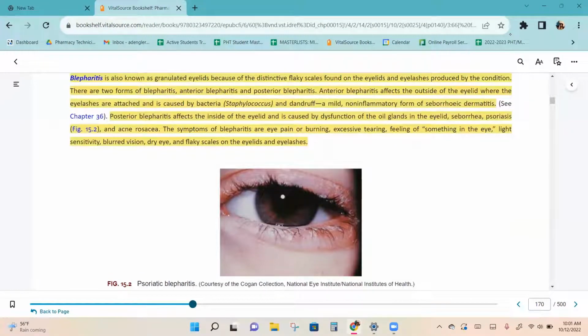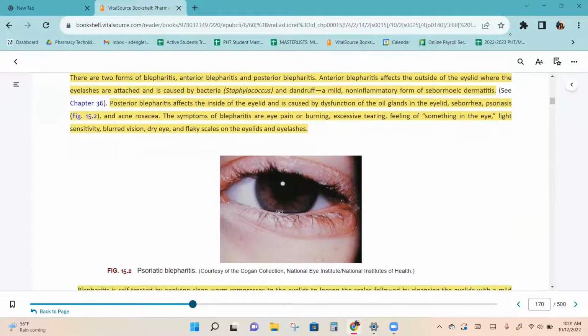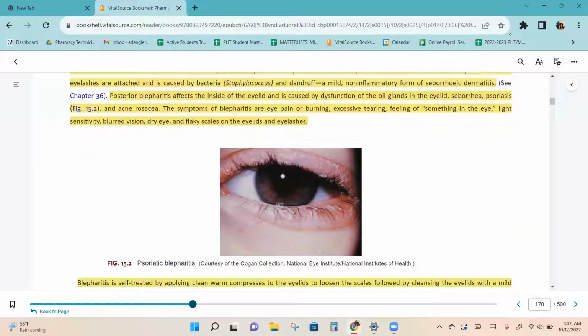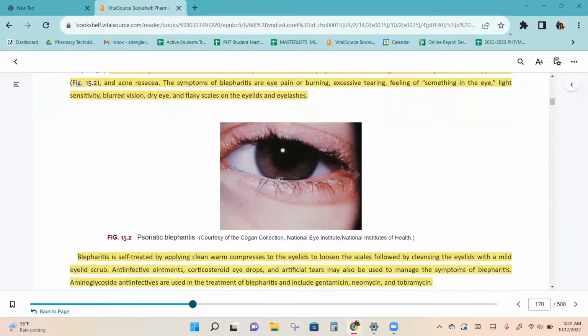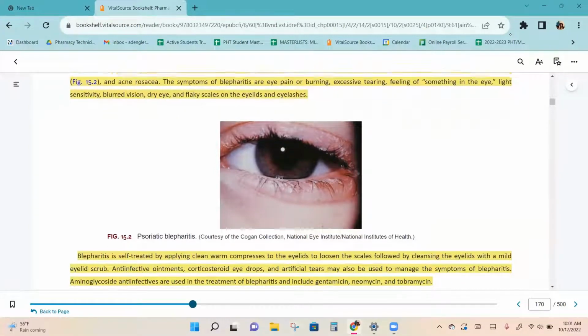Posterior blepharitis affects the inside of the eyelid and is caused by dysfunction of the oil glands in the eyelid, psoriasis, and acne. The symptoms of blepharitis are eye pain or burning, excessive tearing, feeling of something in the eye, light sensitivity, blurred vision, dry eye, and flaky scales on the eyelids and eyelashes.